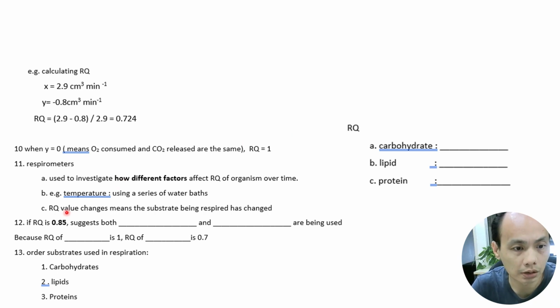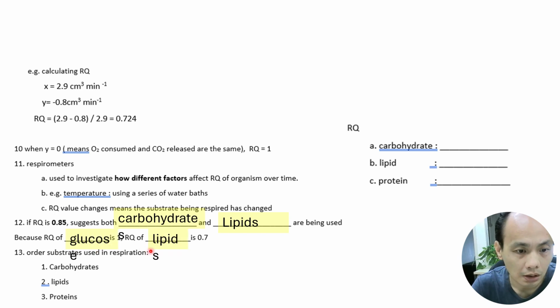Look at number 12. If RQ is 0.85, it suggests both carbohydrates and lipids are being used, because the RQ of glucose is 1 and the RQ of lipid is 0.7, so both summed up and divided by 2 gives 0.85, meaning respiration makes use of carbohydrate and lipid together.